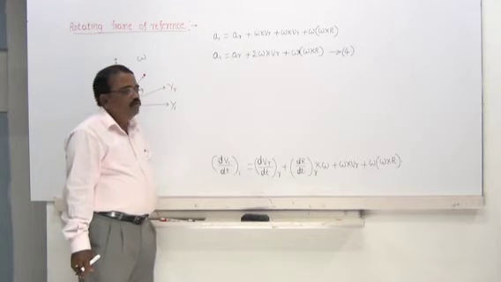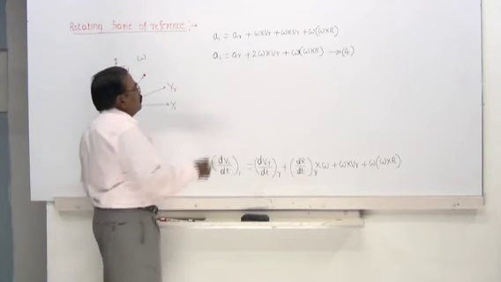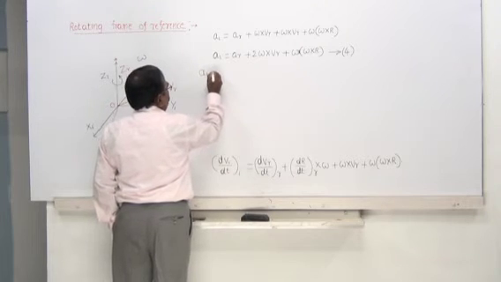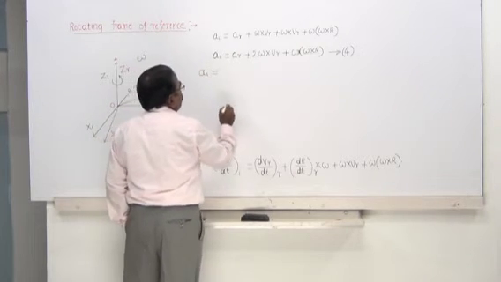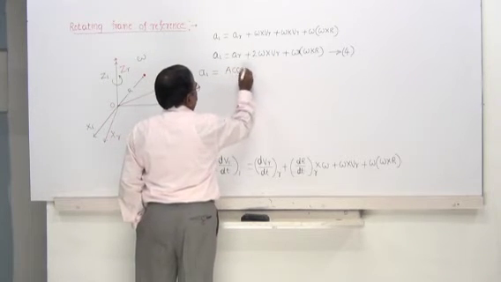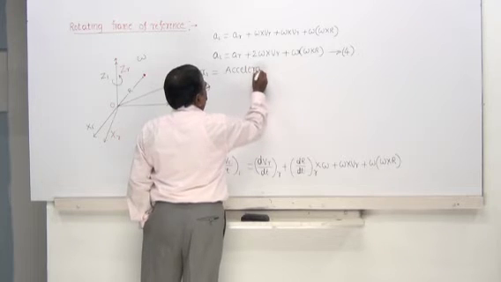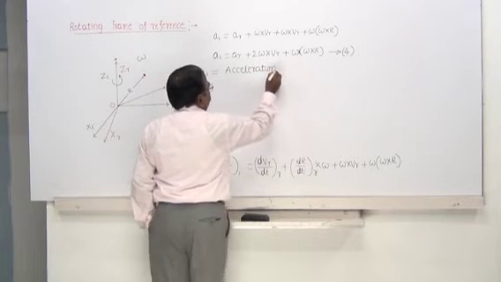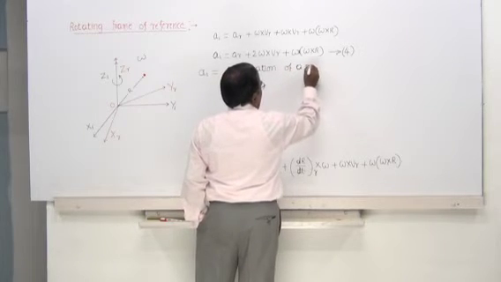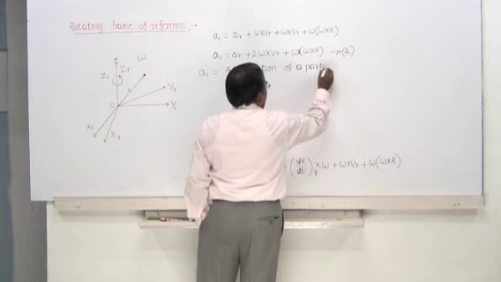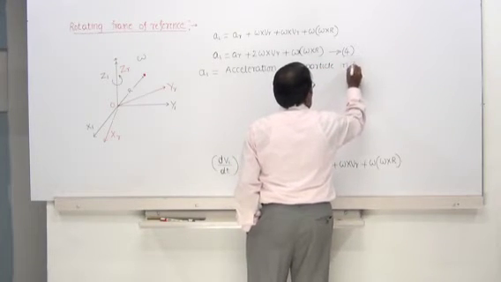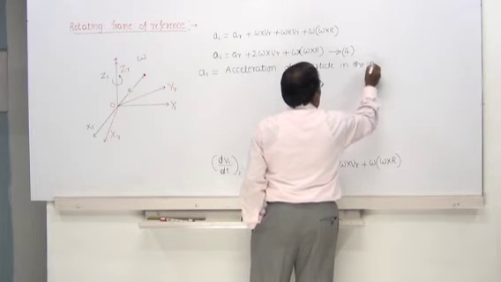So in this equation 4, AI is called acceleration of a particle in the inertial frame of reference.